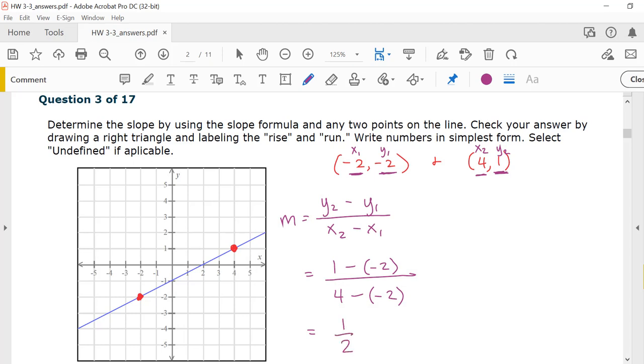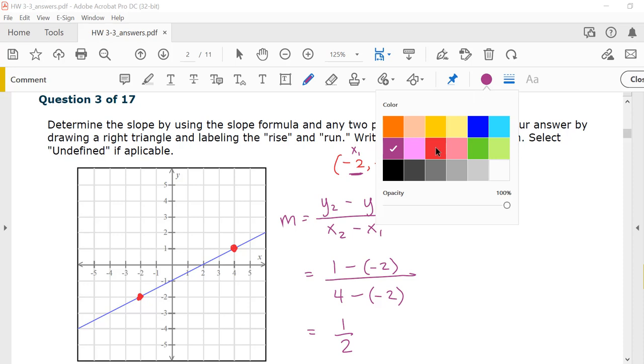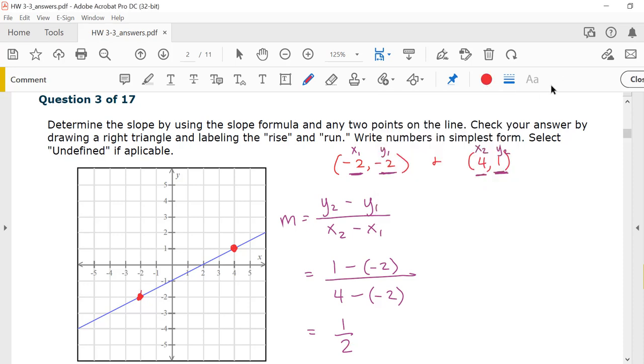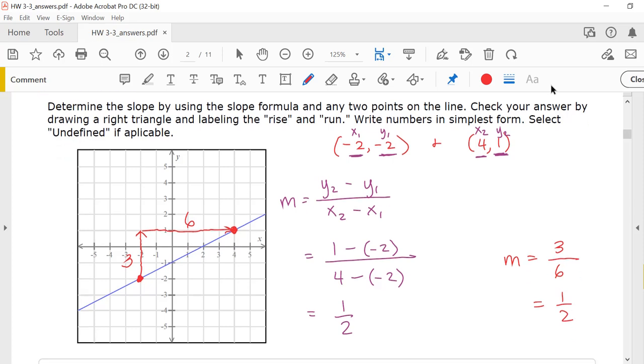My slope is 1/2. Now, if I did a triangle, I would need to go up, what is that, 3? 1, 2, 3. Yep. Up 3 and over 6. Up 3 over 6. If I do the triangle and find rise over run, my slope is 1/2.